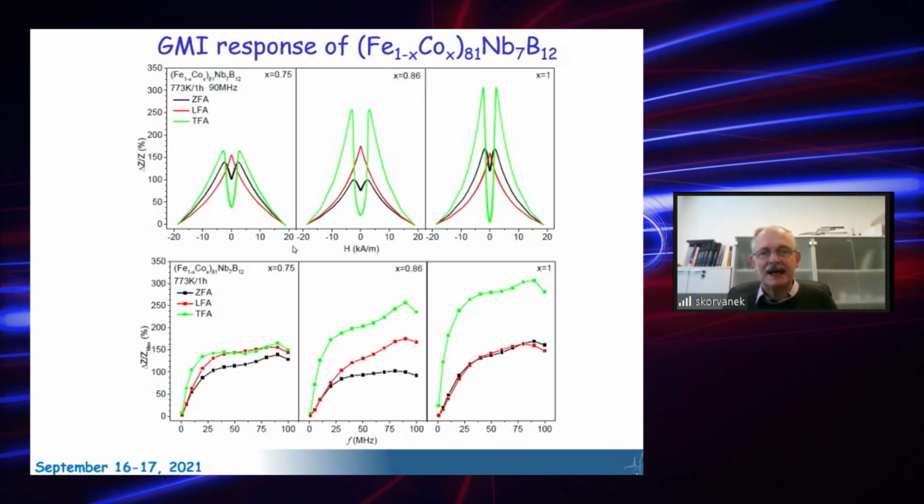Here at GMI, what is interesting, as discussed before, is that after longitudinal field annealing we have single peak GMI. After transverse field annealing, we have double peak. The intensity of this GMI response increased with addition of cobalt.